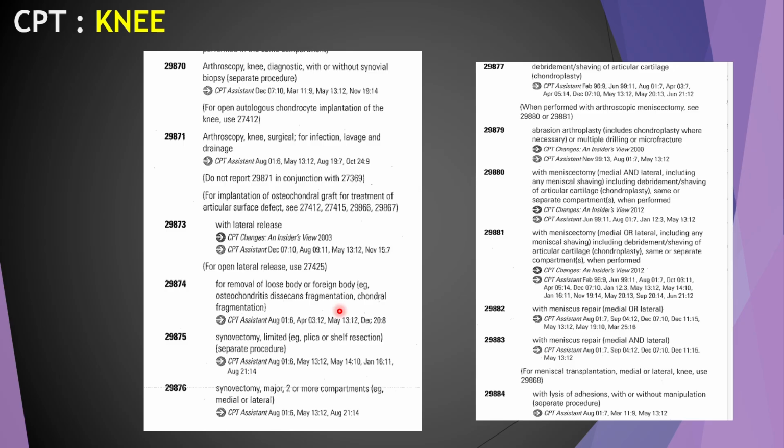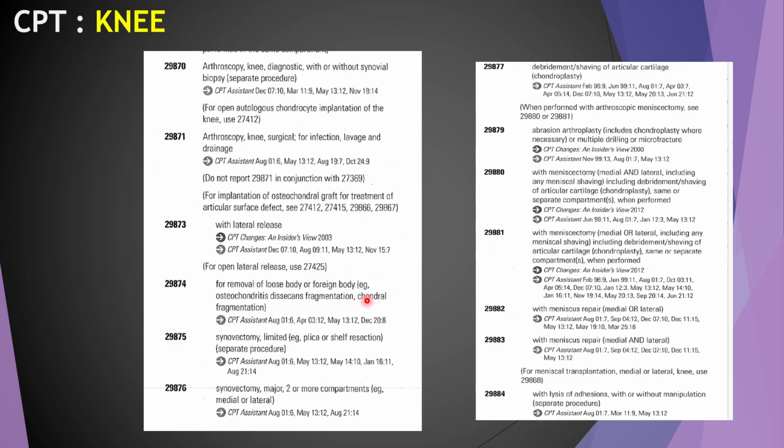Okay. So when will it be done? When there is an injury, meniscus tear, cartilaginous damage or degenerative knee diseases, the surgeon will make an incision, and the small camera, that is the arthroscope, is inserted, and the joint is inspected and the loose bodies are identified and removed using the instrument.